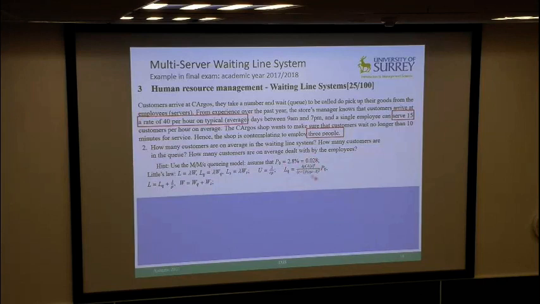So let's take a look at this equation. P0 is given, cool. And lambda, what is lambda? 40, cool. What is mu? 15. And C, what is C? With the power of C, C is 3. We got 3 servers. And here we have C minus 1 factorial. Apparently C minus 1 is 2, and 2 factorial is just 2. That's pretty simple.